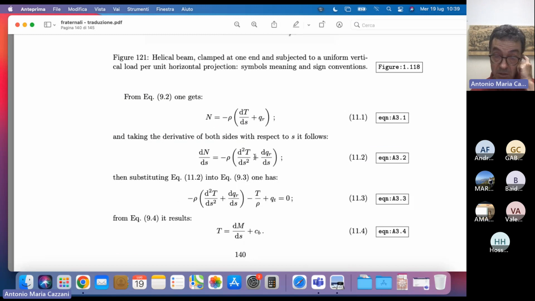And we see that we get a differential equation of second order in variable t.